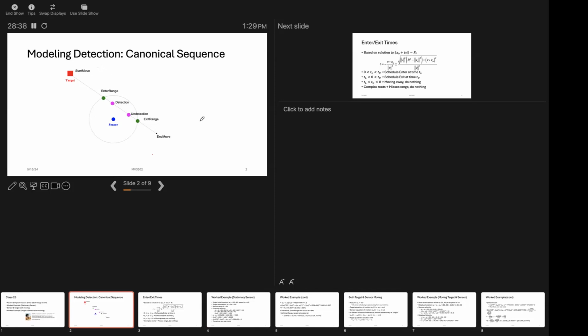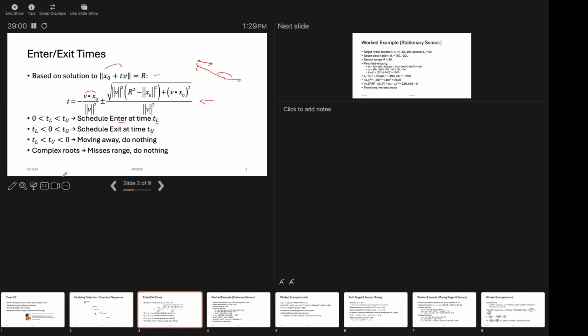Do we have to go back to the beginning and do it all over again in that case? Yeah, exactly. We have the equation of motion for the sensor, and we have the equation of motion for the target. But having worked this out, having come up with this magical expression, do we have to derive another one if they're both moving?